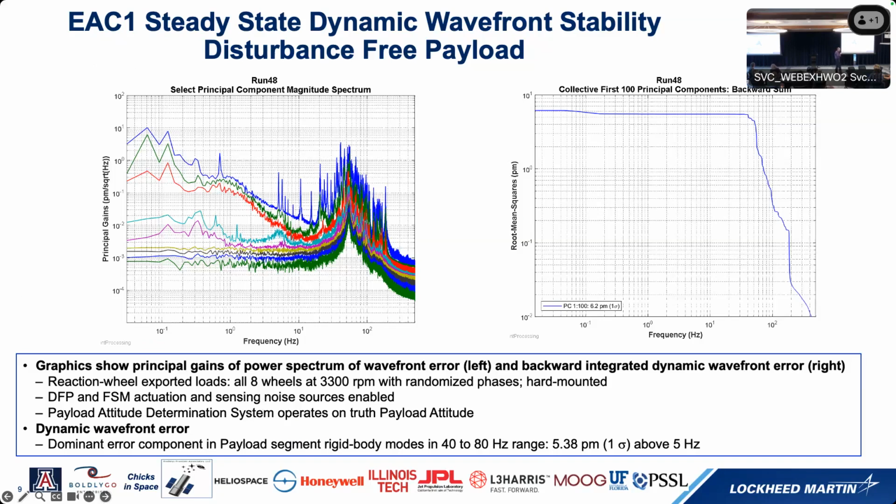In this case, we have 8 reaction wheels, all at 3300 RPM. I put the worst case right in the middle of all those rigid body modes for the segments on their superstructure. And you can see the backward integrated IMS in the system.